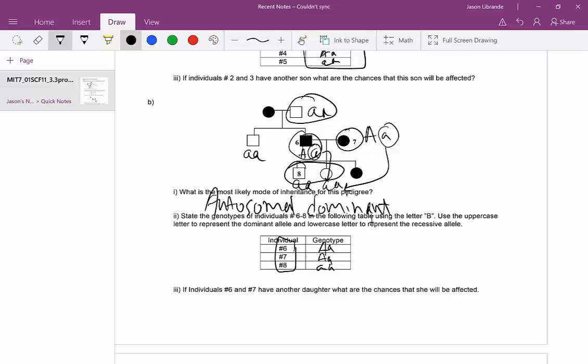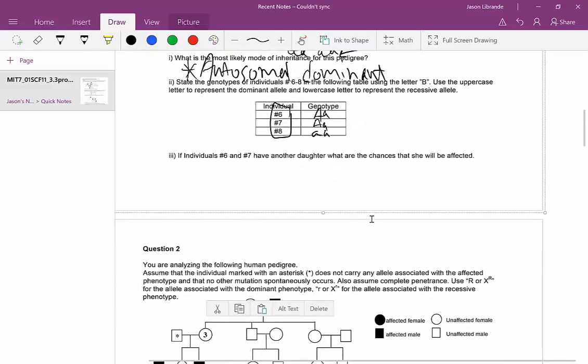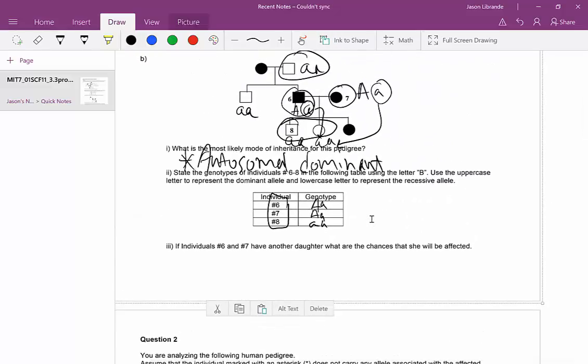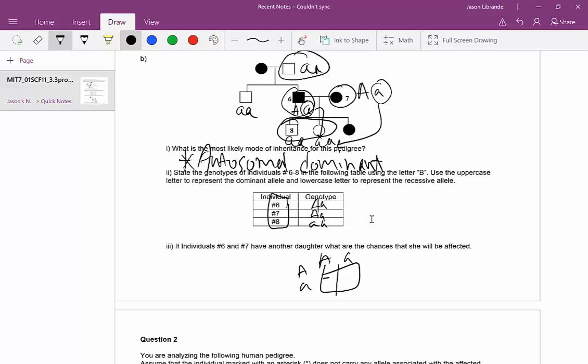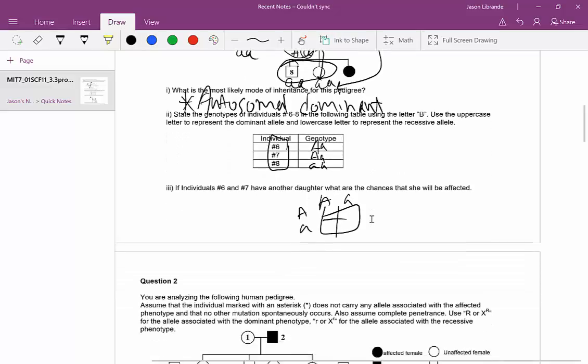So again, we didn't run into any issues assigning genotypes. So it looks like this is autosomal dominant. So we're just going to cross 6 and 7 for part 3. So that's just going to be heterozygous, heterozygous, a simple cross. And you can fill it out and figure out what the probability is there.